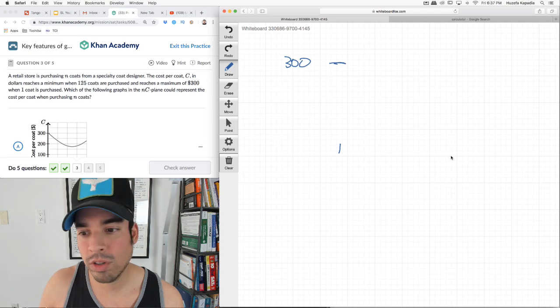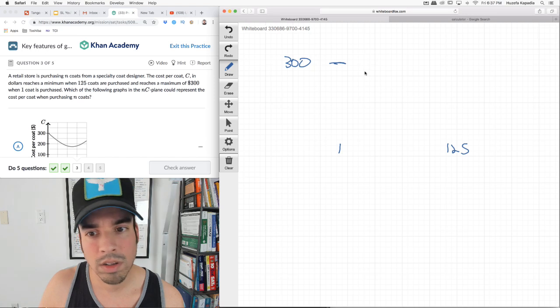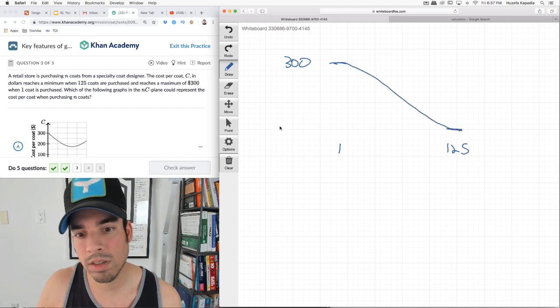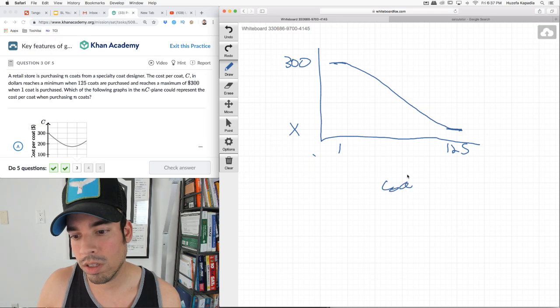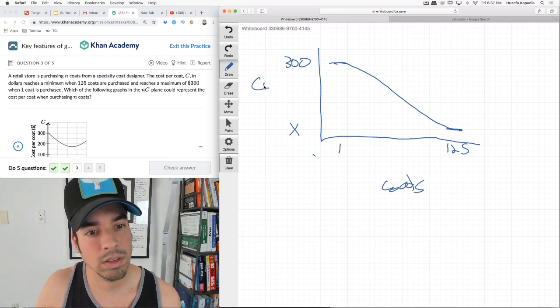And then when 125 coats are purchased, it reaches a minimum of X. So this is the maximum and this is the minimum. It doesn't say what the minimum is here, so it's X. And then here's my graph, something like this.